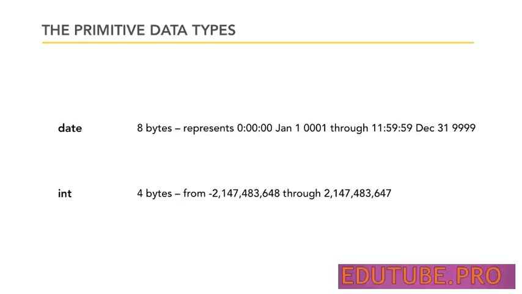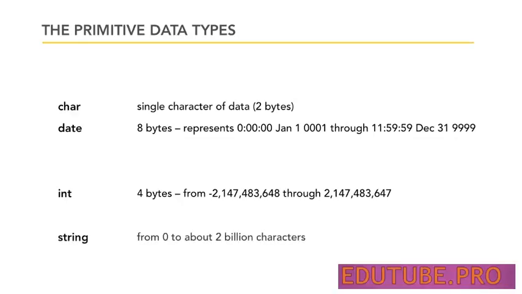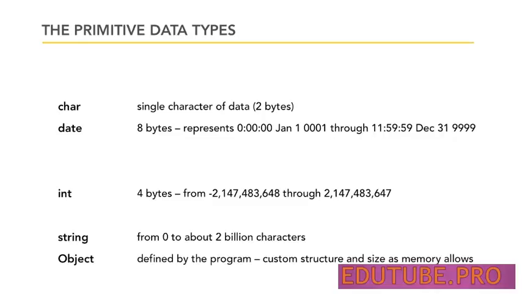There's also a char data type, which is a single character, and that's 2 bytes because it's Unicode. Unlike other languages where a character is 1 byte, in C# it's 2 bytes. There are strings. Strings can hold from about 0 to 2 billion characters. That's a very, very long string. There's also an object type. And in this case, the object is actually defined by your program, although C# and .NET does provide a base object definition for you.